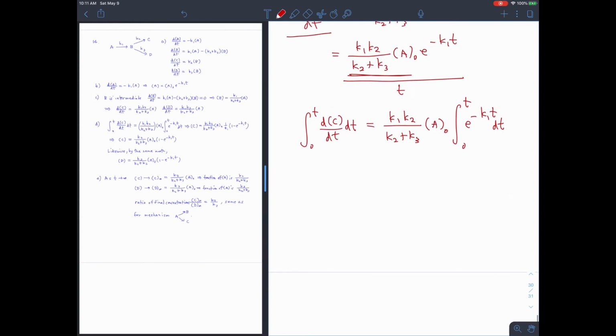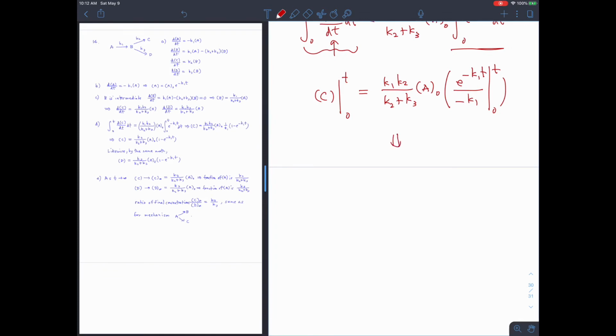And now we just have to do the integrals. Doing the integral of a time derivative like this just means that we get the actual value of C evaluated between 0 and t. That has to equal K1 K2 over K2 plus K3 times A0, and now the integral of this is e to the minus K1t over minus K1, evaluated between 0 and t.